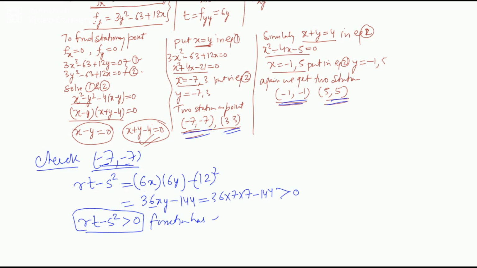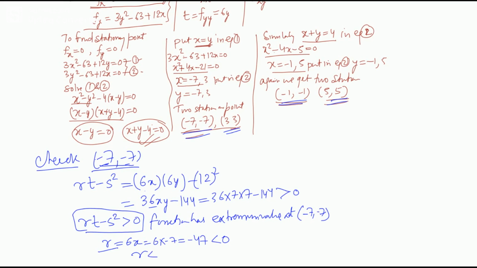So if rt minus s square is greater than 0, we can say the function has an extremum value at that stationary point, minus 7, minus 7. Now is the value a minimum or maximum? For that we check r, and r is 6x, that is 6 into minus 7, we get minus 42, which is less than 0.